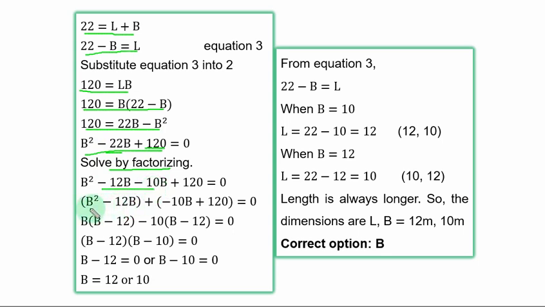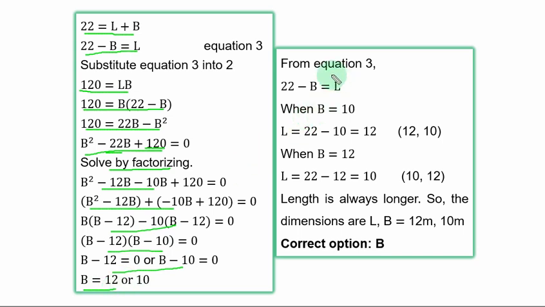Next thing is to group the terms in twos, because that is the purpose of making the equation to be 4 terms. You factor out the common terms in each bracket, you have this result and this result. You equate each factor to 0 and b is equal to 12 or 10.